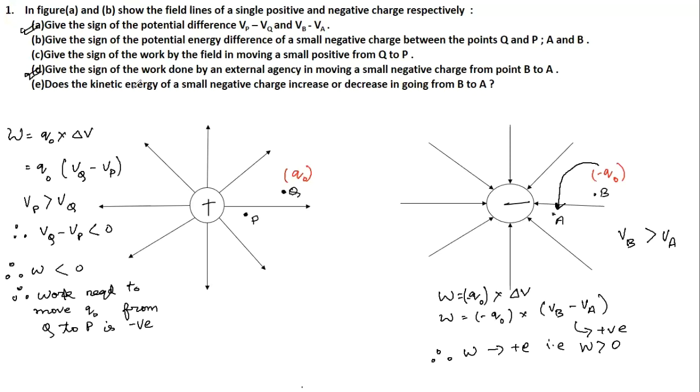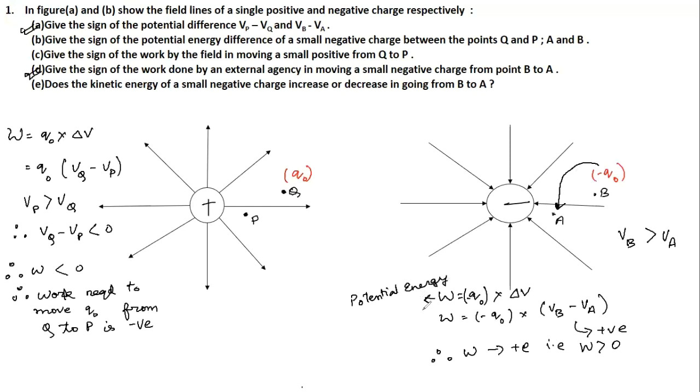If you see point E, this is quite similar to D. In question D, we have seen how much work is done and what the sign of the work in bringing this minus Q naught charge is. Always remember, whenever we define work, we are actually discussing potential energy.